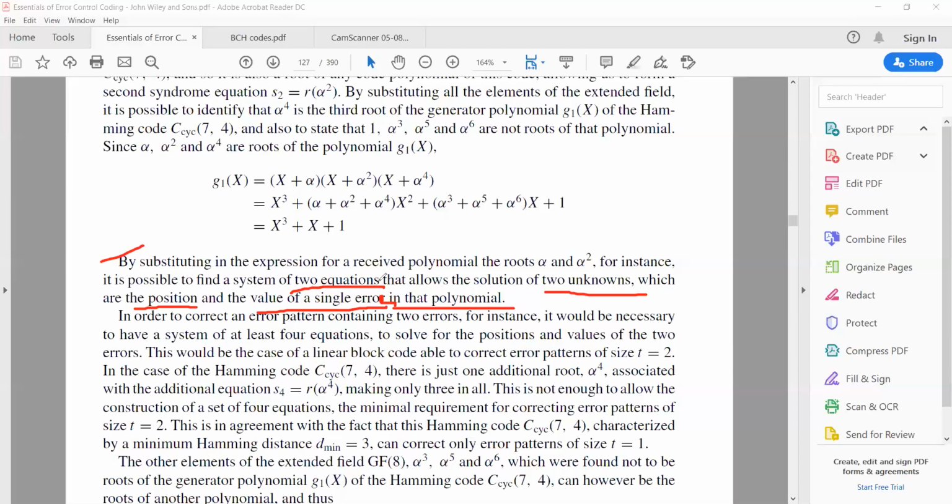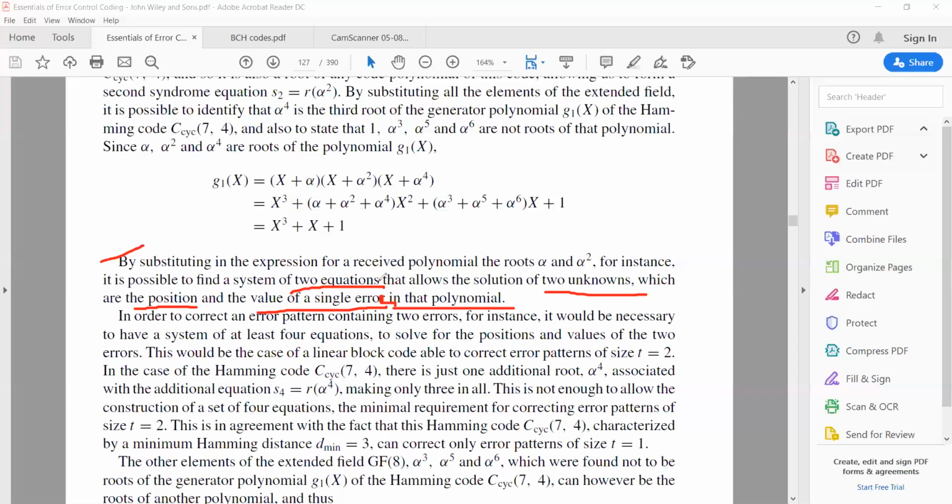To detect and correct m number of errors in the received polynomial, we need 2 into m, that means 2m equations. This is nothing but from your vector arithmetic part.